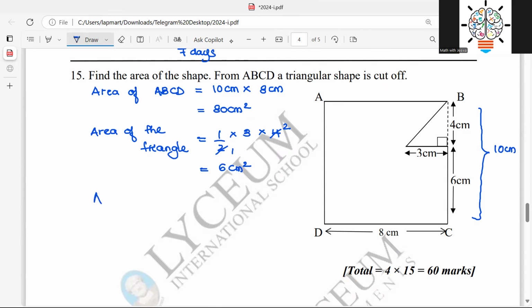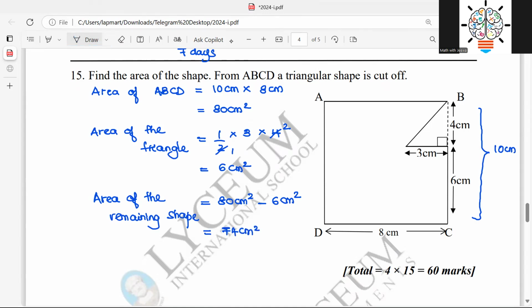So then the area of the remaining shape, we deduct 80 centimeters squared minus 6 centimeters squared. The answer will be 74 centimeters squared.